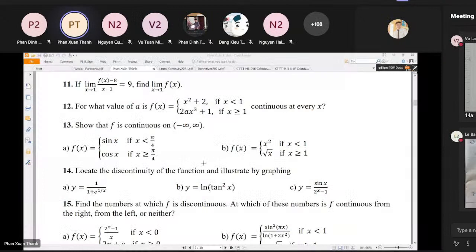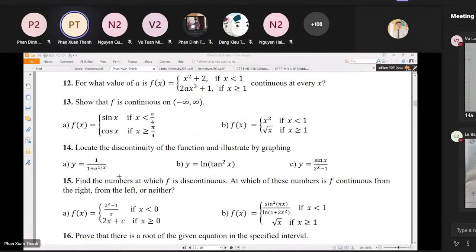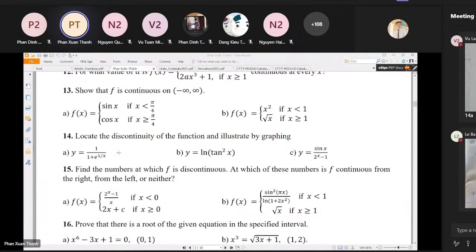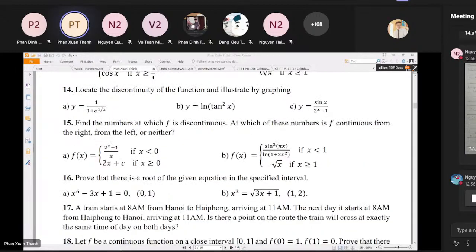Okay, now let's continue with exercise number 14. Exercise number 14: locate the discontinuity of the function and illustrate by graphing. So what about A and B? Okay, let's do A and B only. So exercise number 14, A and B only.